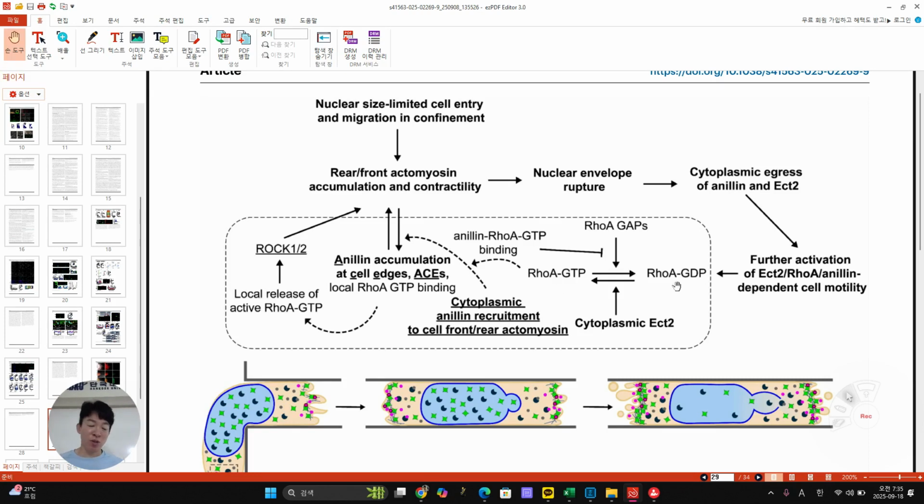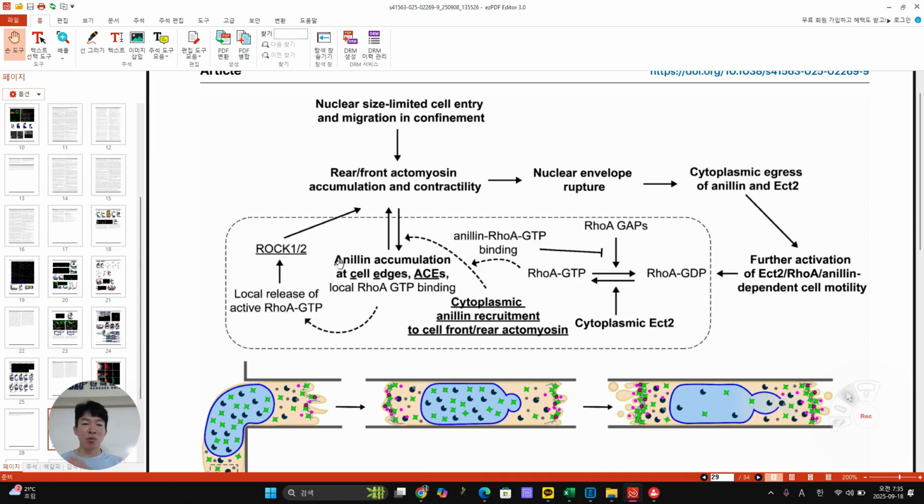So from the images, RhoA GDP is phosphorylated by cytoplasmic Act2, and then this RhoA GTP is cytoplasmic anillin recruitment. RhoA GTP is binding to anillin, but this anillin is already localized in front and back.